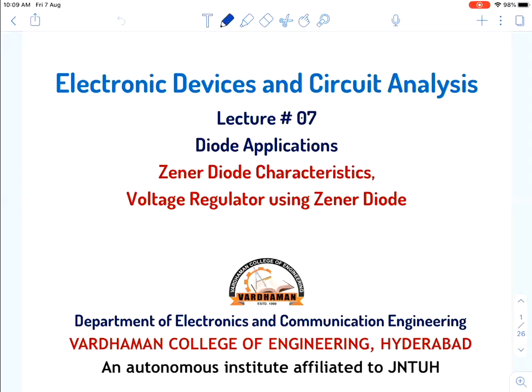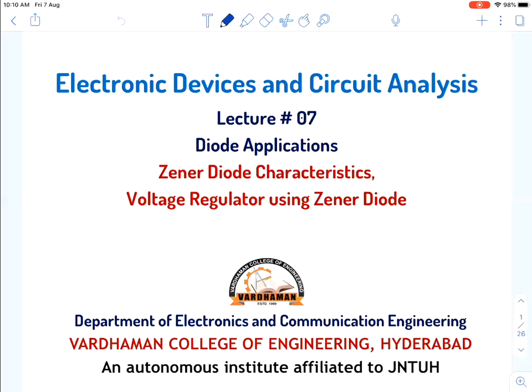That current we call the reverse saturation current, which is constant with respect to voltage, and it is very, very small, of the order of picoamperes, nanoamperes, or microamperes. As the reverse voltage increases, at some high voltage, breakdown occurs. So how that breakdown occurs, that concept of breakdown mechanism we will see now.